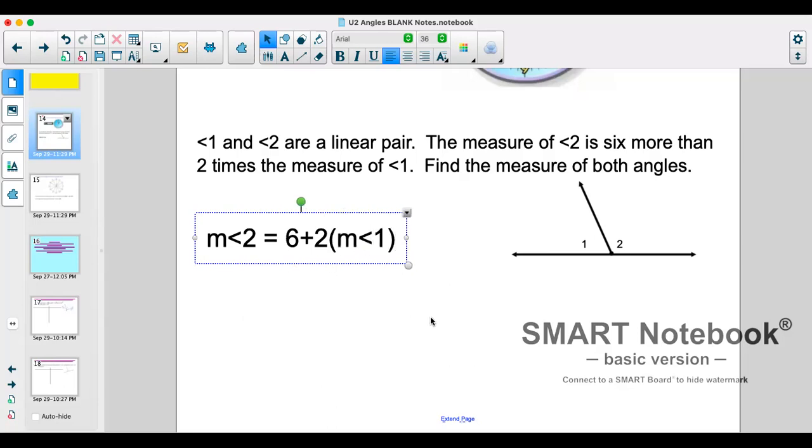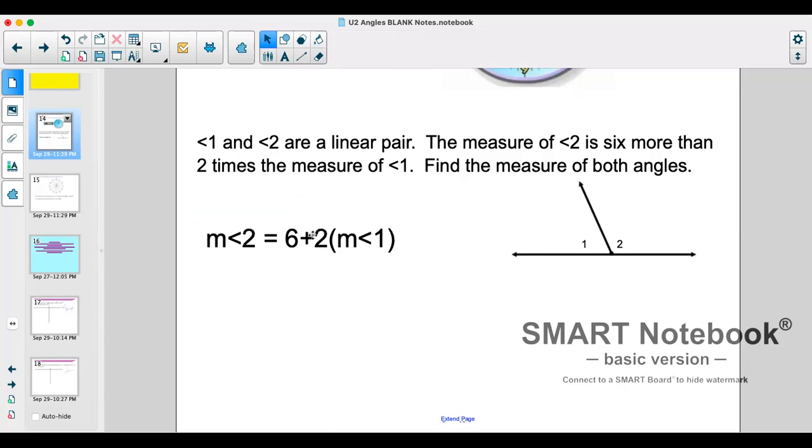This is straight from Algebra 1 content, being able to read in words and then rewrite it as an algebraic expression. Okay, so the first thing was we drew the picture, we took care of sentence one, we took care of sentence two by writing this algebraic statement, and then I want the measure of both angles.